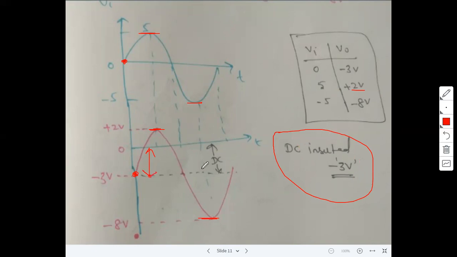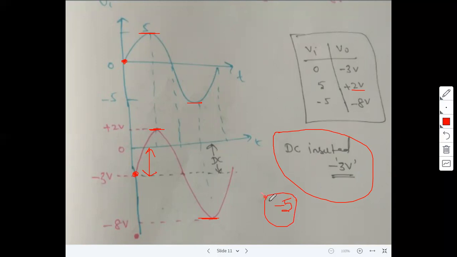Remember this one. How much DC is inserted? Minus 3 volts inserted. In the previous case, minus 5 volts was inserted, whereas with a bias of 2 volts, minus 3 volts is inserted. What this indicates is that however much the capacitor is charged, that much voltage is reinserted in the circuit.